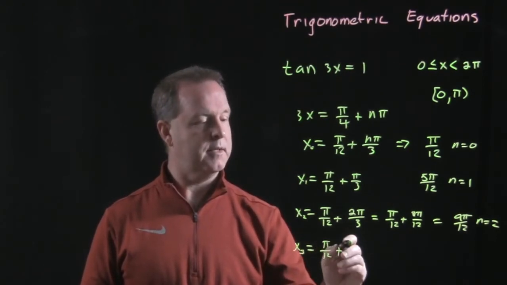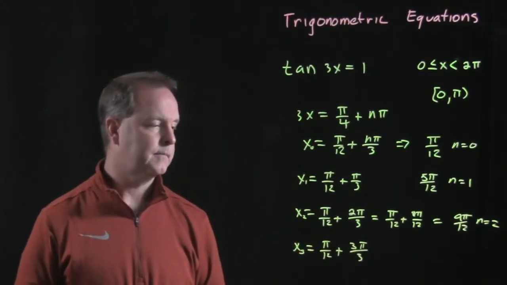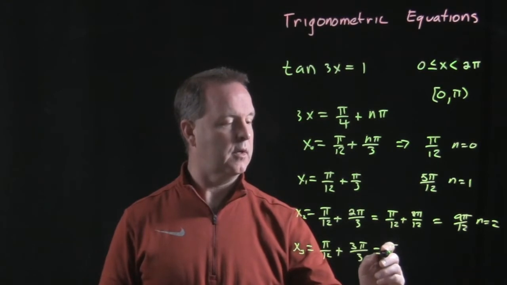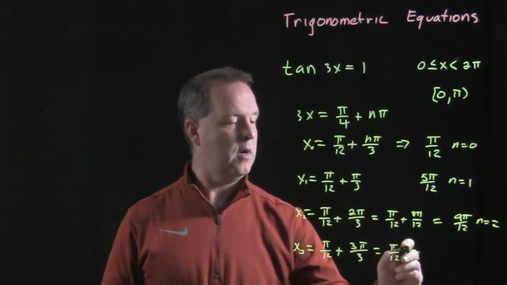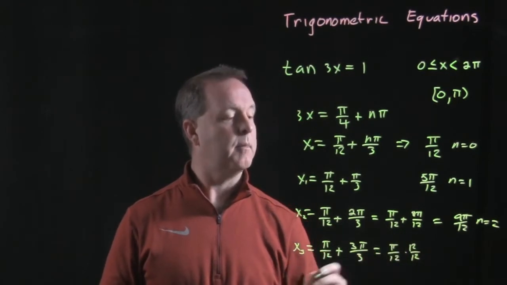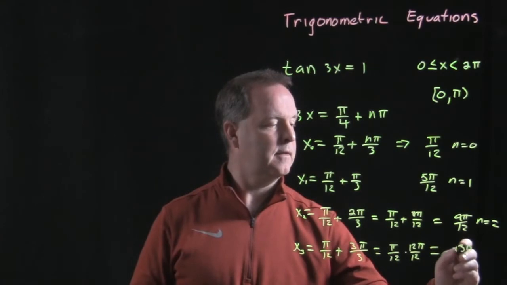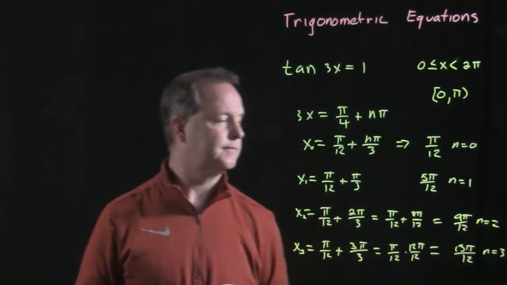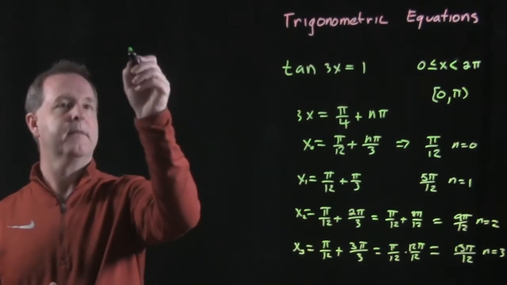My next value is pi twelfths plus 3 pi over 3. With equivalent expressions, common denominators make that 12 pi twelfths, and that produces 13 pi over 12 at n equals 3. All right, looks like I still have some more values I can find.